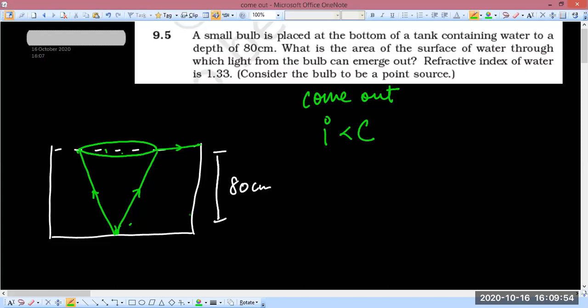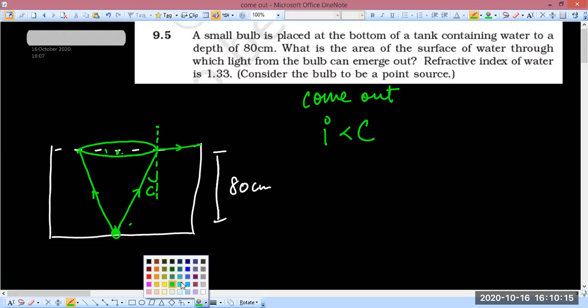Think about it in 3D. The bulb is placed below, and from that light is going to come out in all possible directions, right? Where the angle of incidence is equal to the critical angle, only till that point the light is going to come out, right? Fine. I hope this is clear.